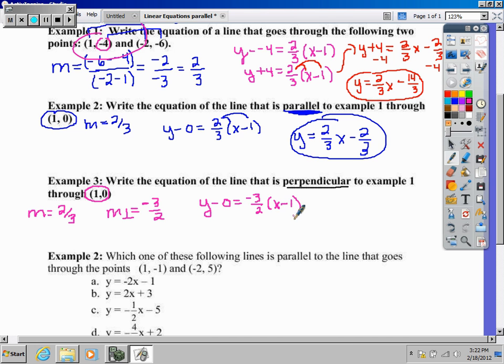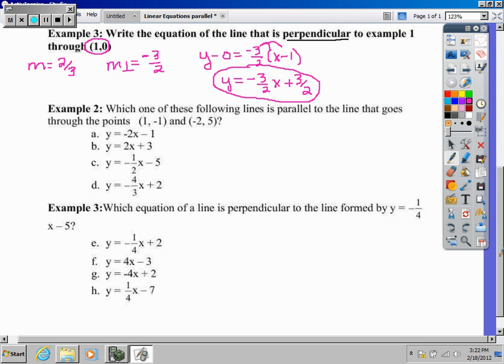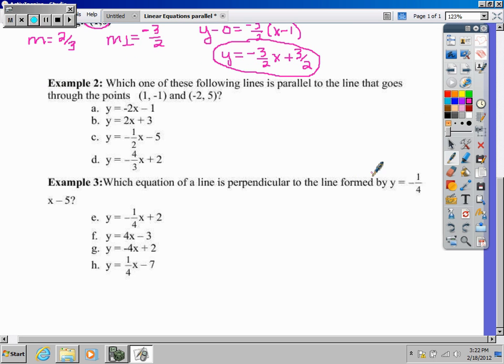Using the point-slope form, I go y minus 0 is -3/2 multiplied by x minus 1. I can then distribute the -3/2 to get -3/2 x plus 3/2. And that would be the equation of a line that's perpendicular to example 1, but through the point (1, 0) instead.